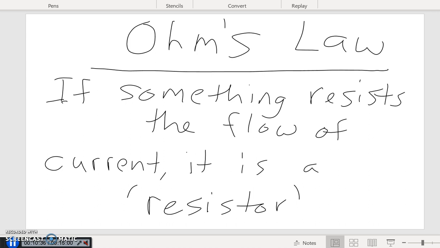Okay, and so what a resistor does is it impedes the flow of the charge.